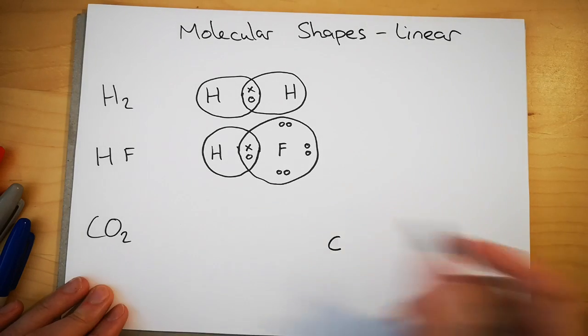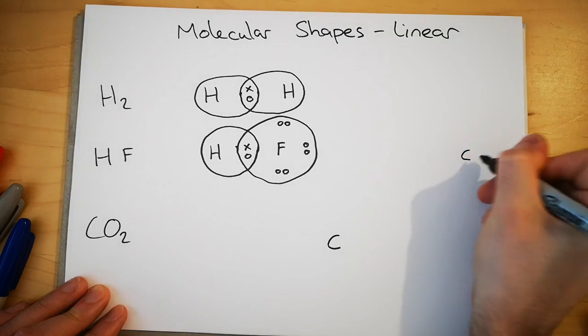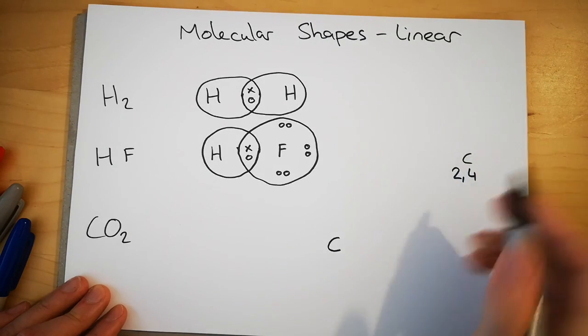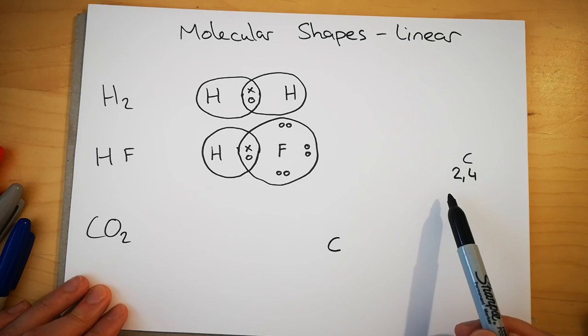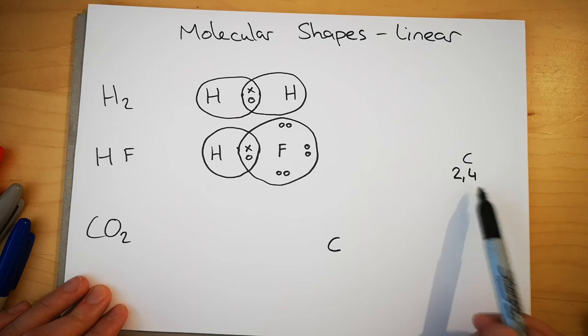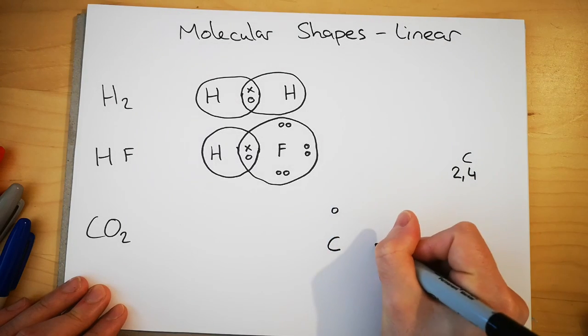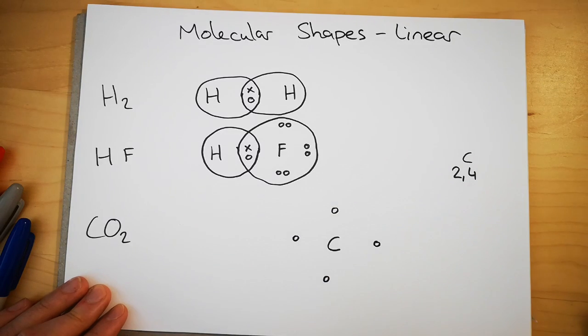Now carbon, if I do this up here so it's a little bit out of the way, has an electron arrangement of 2, 4. For our Lewis structures, we're not going to show those inner electrons, so I just need to worry about those 4. So I'm going to put these in as circles: 1, 2, 3, 4.